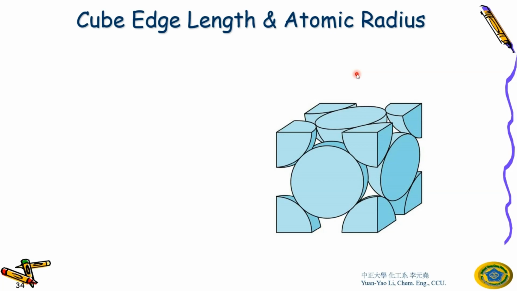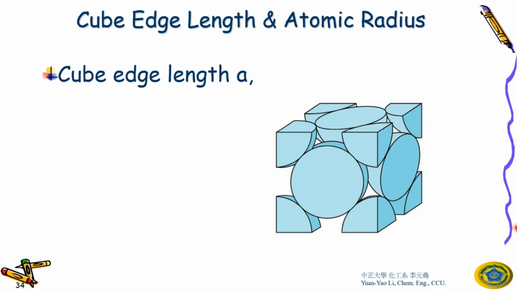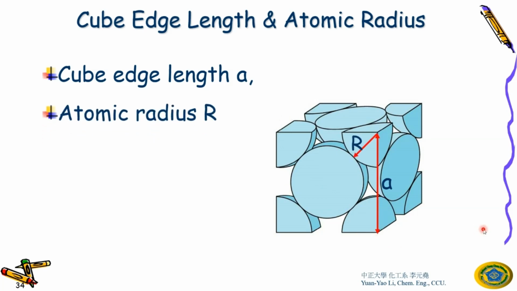Right, and in order to understand APF, we need to know the relationship between the cube edge length and the atomic radius. Could you do this for me? Easy, because the edge length is a, and along the face diagonal you have 4 radii.